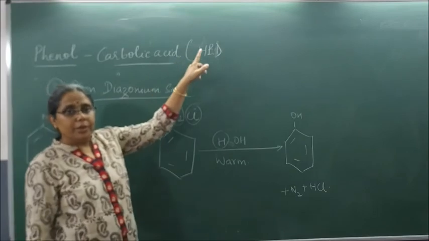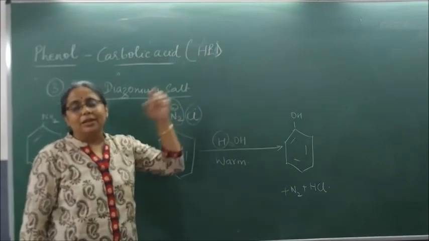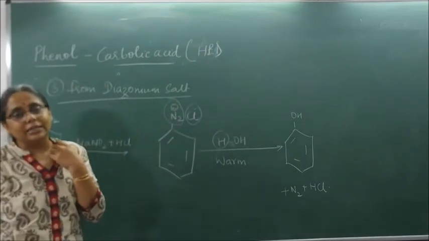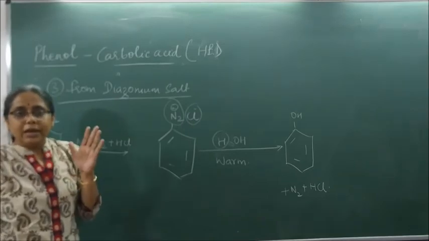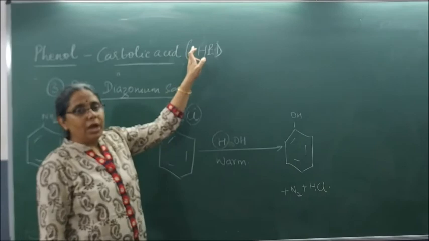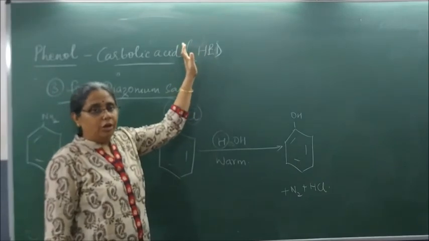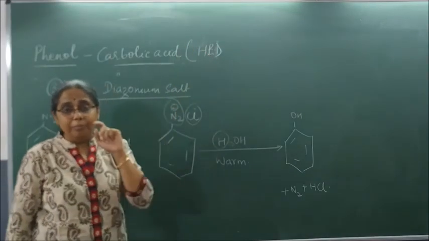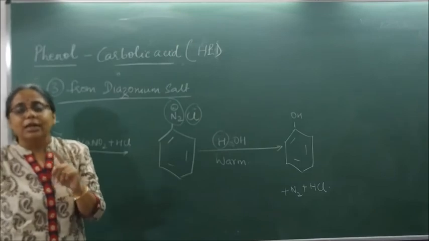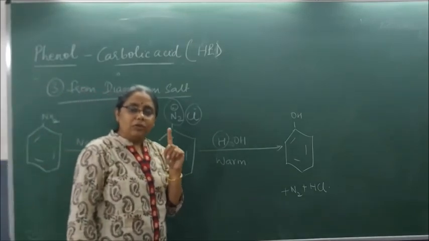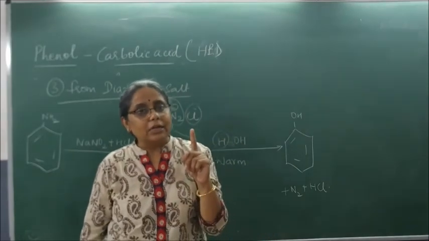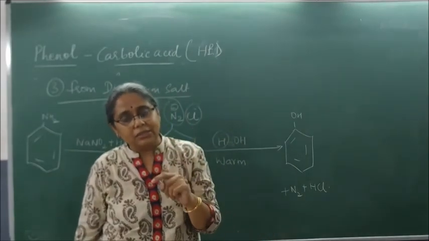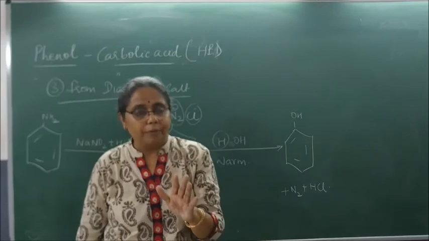What was the first method? From haloarenes. Take haloarenes, react them with sodium hydroxide, it forms sodium phenate. React it with acid, it gives you phenol. Second was from benzene sulfonic acid. Take benzene, react it with oleum, you get benzene sulfonic acid. React it with NaOH and HCl to get phenol.